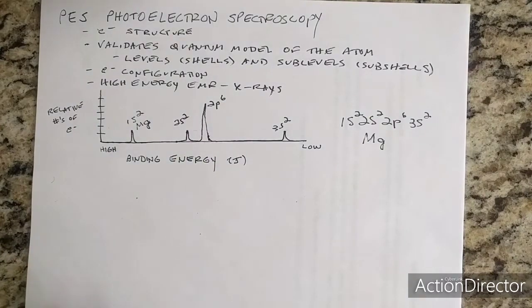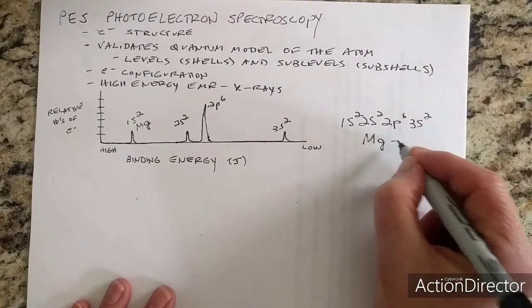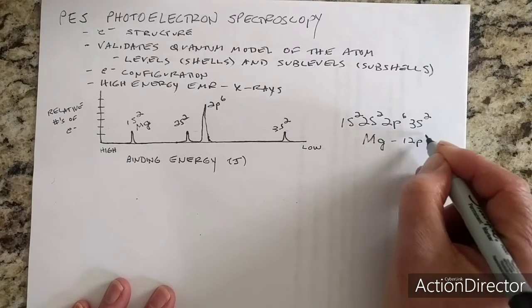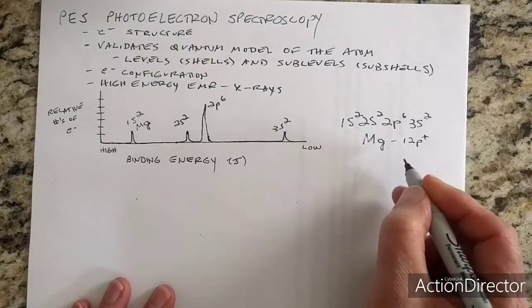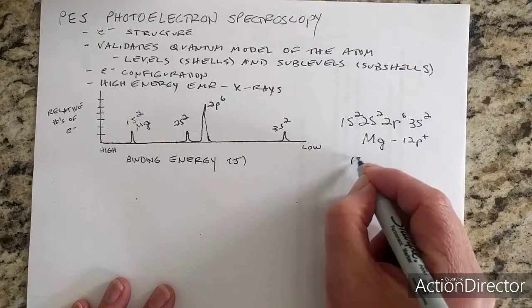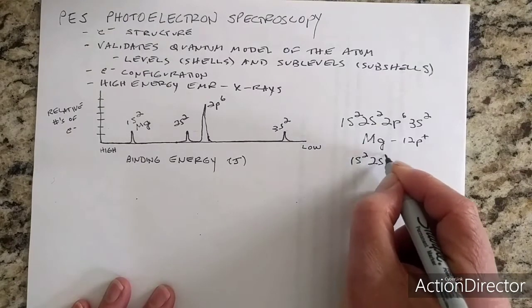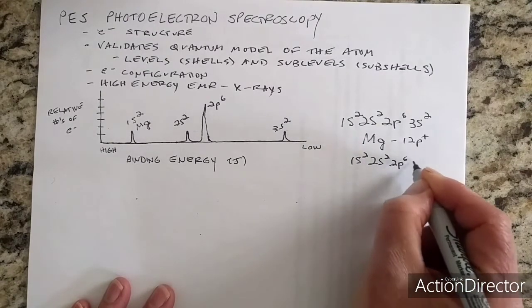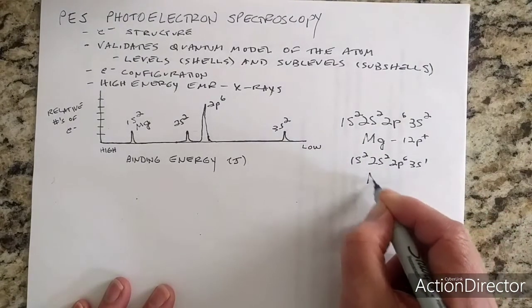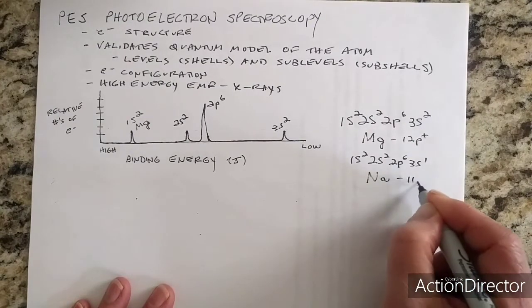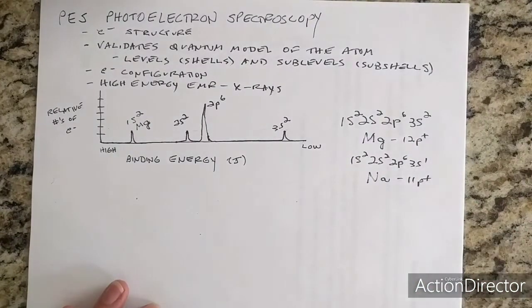What would sodium be? So magnesium has 12 protons in its nucleus. If we look at sodium, sodium is 1s2, 2s2, 2p6, 3s1, and sodium has 11 protons in its nucleus.